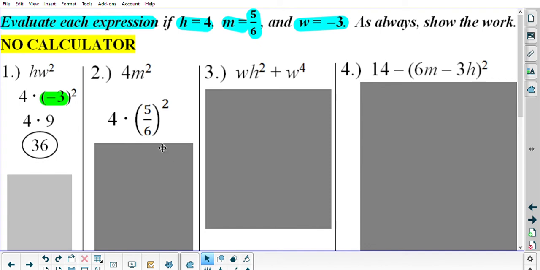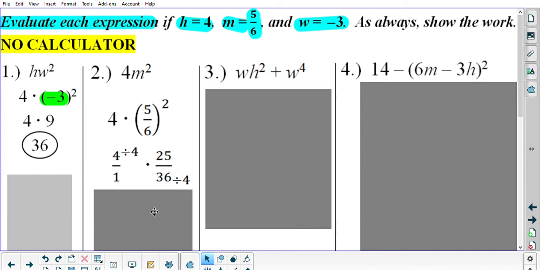All right, 5/6 to the second power means not 5/6 times 2. It means 5/6 times itself. So that's 5 times 5 and 6 times 6, which would be 25 over 36. And then what you can do is this trick that we learned about multiplication of fractions from earlier this school year, that if there is a numerator and a denominator, even if they're diagonal from each other, that are divisible by a common factor, then you can reduce before you multiply, and that's exactly what I'm doing here.